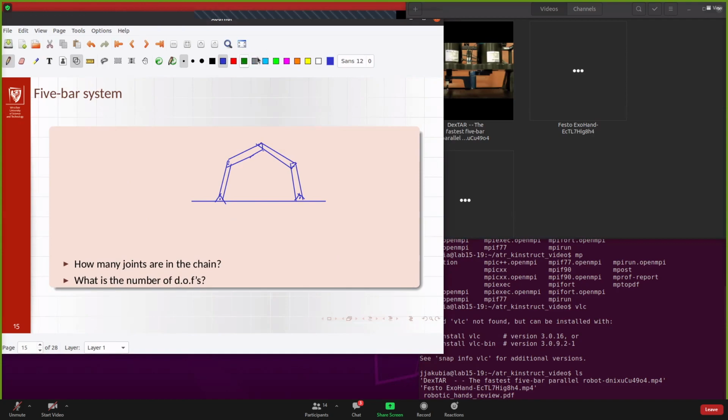And if we mark the rotations, we have 1, second, third, 4, and 5. So we have these 5 joints in our system, 5 rotations. And now the question is, how many degrees of freedom do we have? But maybe also what is the workspace of this robot?